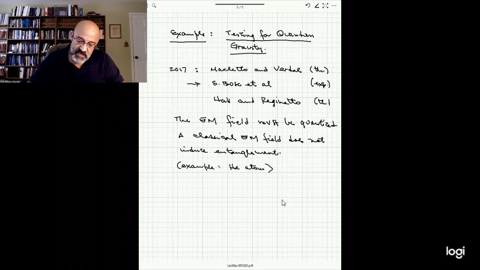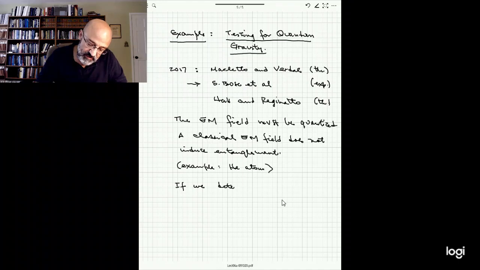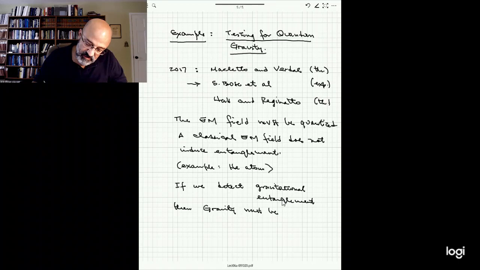So what these guys are saying is, if we detect entanglement due to gravity, gravitational entanglement, then gravity must be quantized.